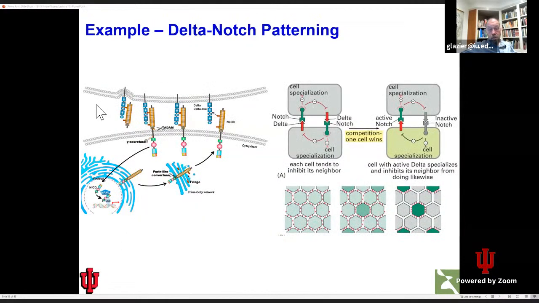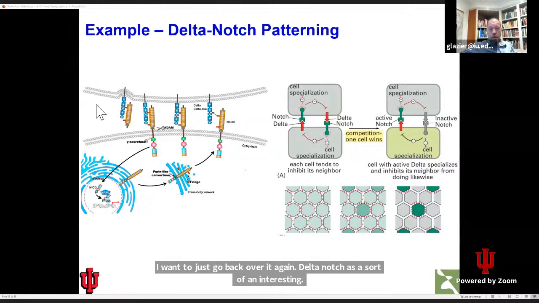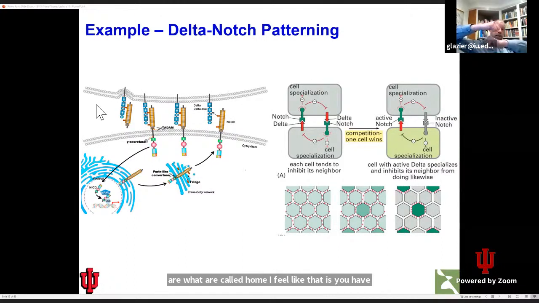Delta notch has, and we covered this a little bit last time, I want to just go back over it again, a sort of interesting behavior. When we talked about cell adhesion, most of the cell adhesion molecules, cadherins, CAMs, are what are called homophilic. That is, you have the same kind of molecule on both cells, and those two molecules like to stick to each other.